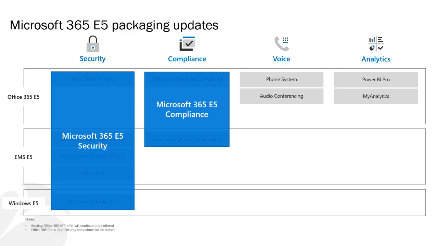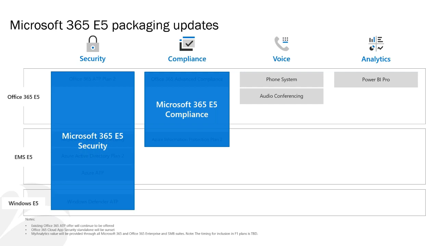Another thing you might have noticed, all the way to the right-hand side, in the analytics pillar, just while we're here, is MyAnalytics. I don't know if anyone ever used MyAnalytics, but it was in Office 365 E5, or you could buy it standalone. That's now been taken out and is available to any customer who has a suite of products with Microsoft 365 or Office 365 that includes Exchange Online Plan.